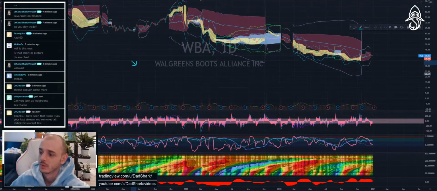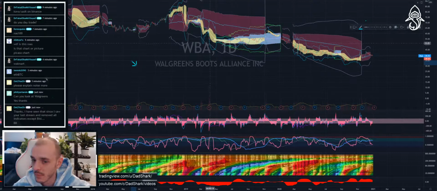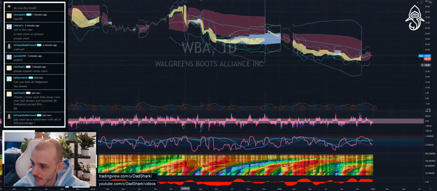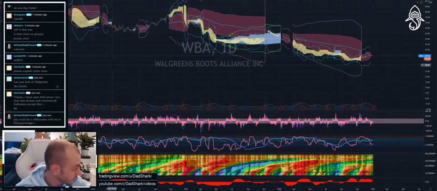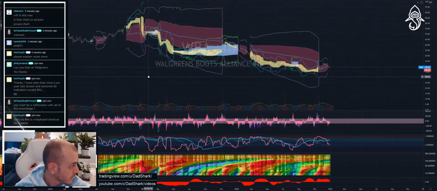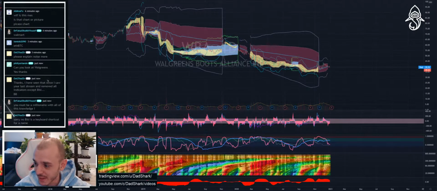I want to learn. Whoa, Bollinger Band. Yeah. You must be a millionaire with all this knowledge. No, I do pretty well for myself, but I live a pretty modest life. I'm satisfied with it. It's just a keyboard shortcut for a name. Yeah.